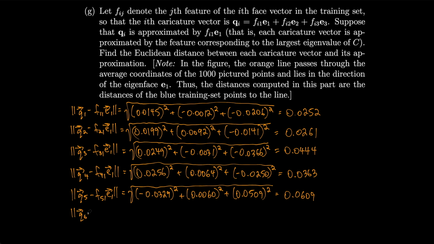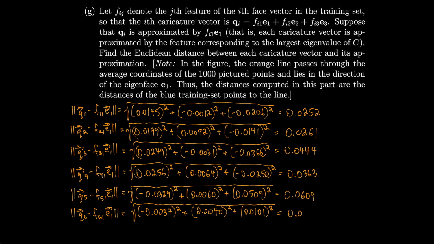Then we have Q6 minus F61 E1, and that's negative 0.0037 squared plus 0.0040 squared plus 0.0101 squared. And we get 0.0115.